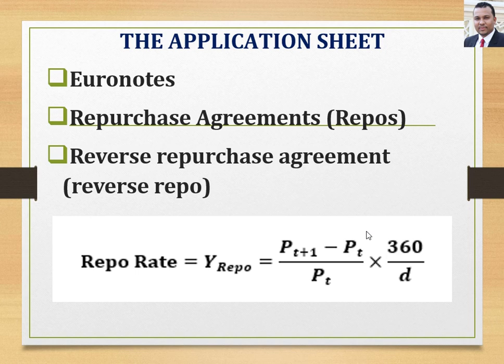The first topic, Euro notes: short-term securities like European commercial paper and US commercial paper, with maturities maybe from 1 month up to 6 months, mainly lower than 1 year.